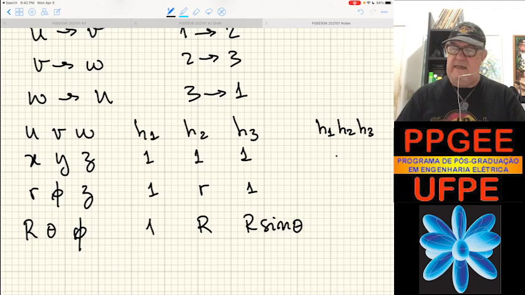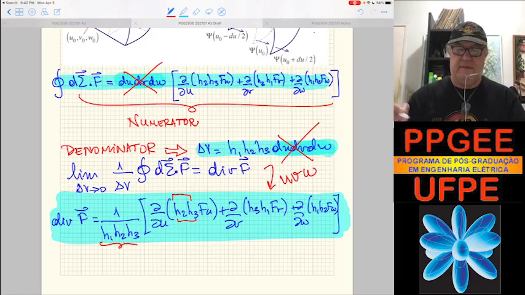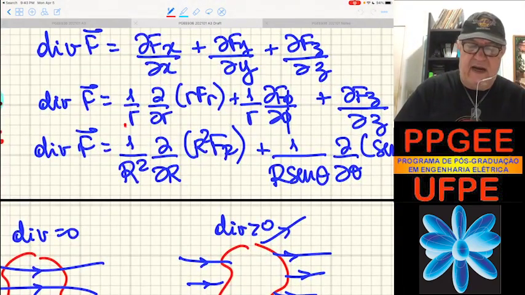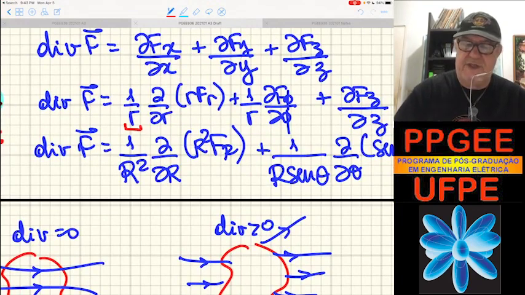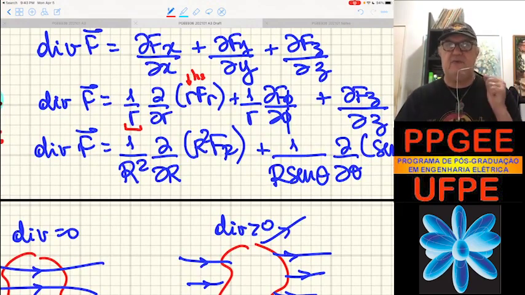In rectangular it is 1, in cylindrical it is R, in spherical it is R squared sine theta. So we have to divide by R in the cylindrical system. So that's what we got, 1 over R. H2 equals R, H1 and H3 equal 1.